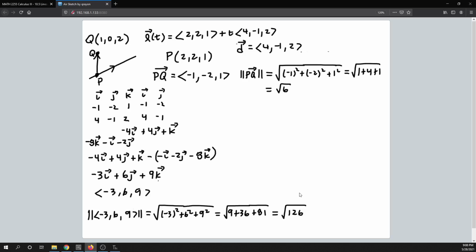Okay, and so now going back to the formula that we were using, right? The formula for the distance between the point and the line. h is going to be equal to the magnitude of the vector from P to Q crossed with the direction vector divided by the magnitude of the direction vector itself.